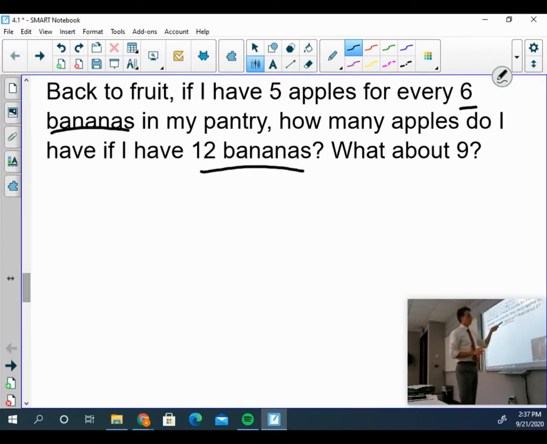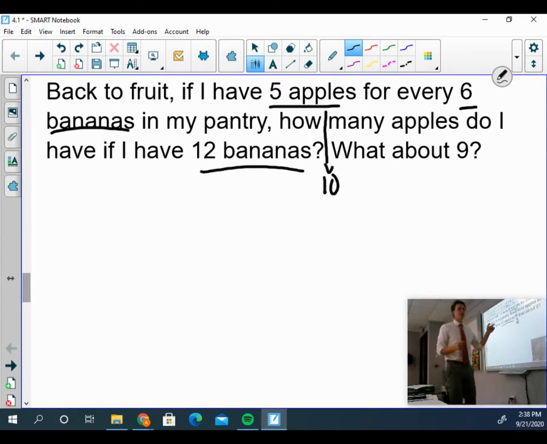So theoretically, the number of apples should double as well. If the number of bananas doubles, then the number of apples should double. So 5 should go to 10. What about 9? Well, I increased by 3. It's a little more complicated.